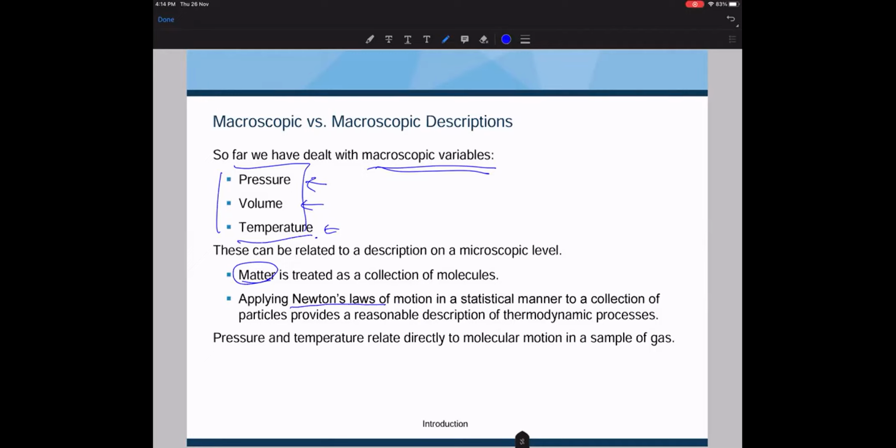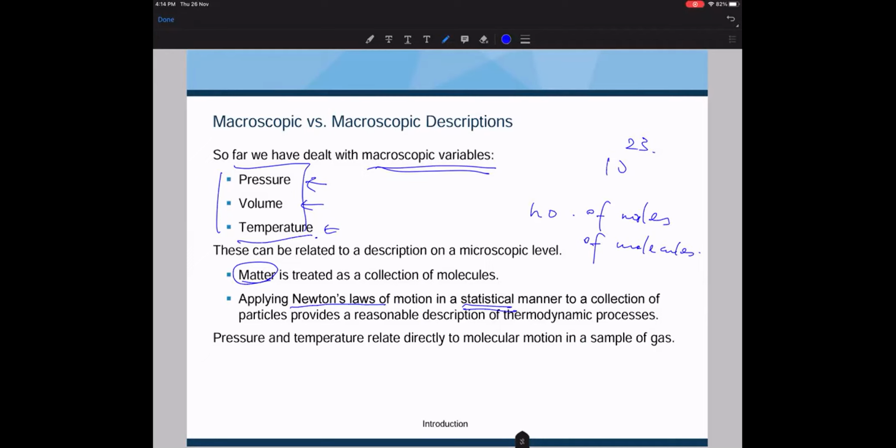Now we are talking about not hundreds, not thousands, but number of moles of molecules, in the order of at least 10 to the power 23, which is a very, very large number. So in that case, we cannot count them one by one. We have to use some statistics in order to guess what is the general behavior.